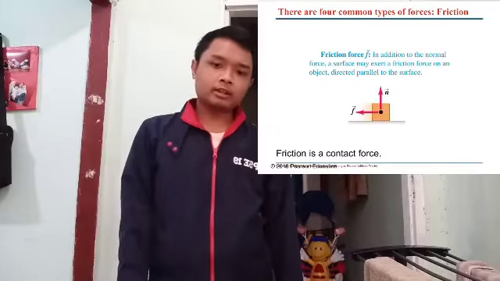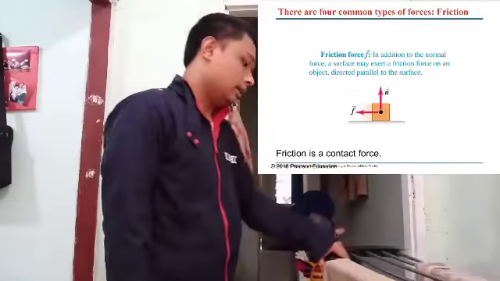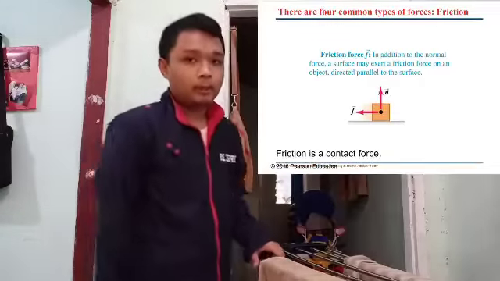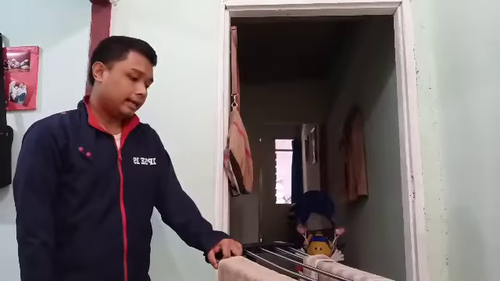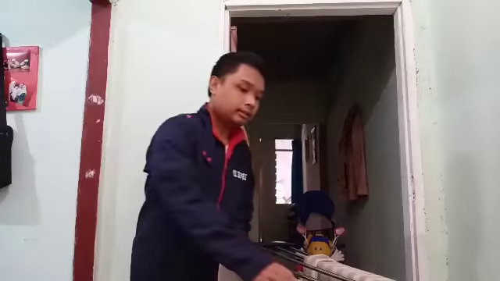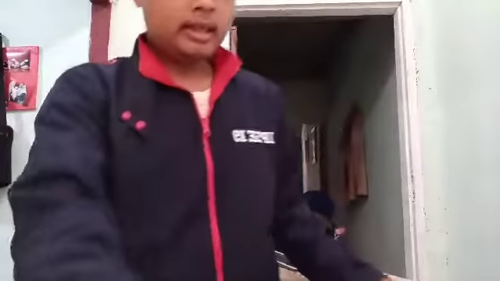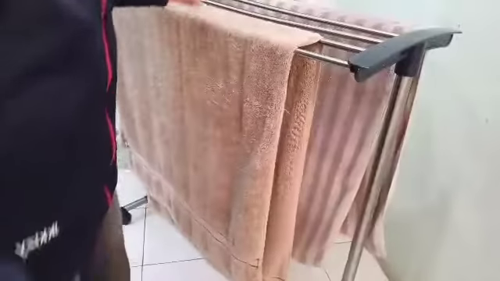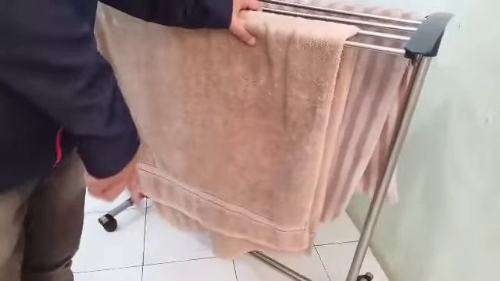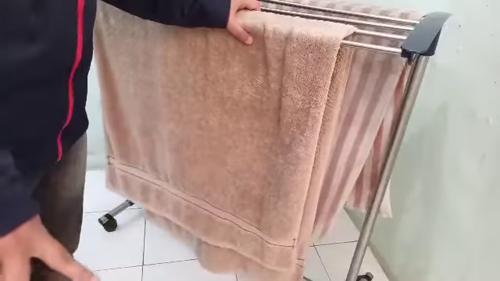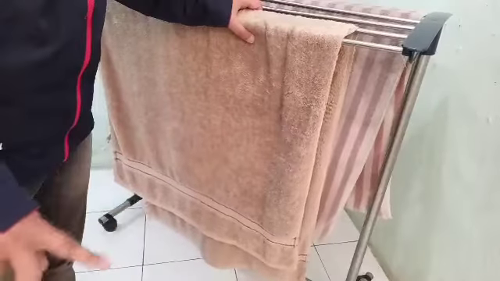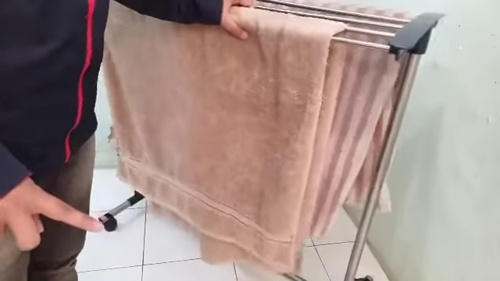And then the second thing is friction. This is also related to normal force. For example, I have this trolley. I don't know what this is in English, but the most important thing is this thing has wheels.